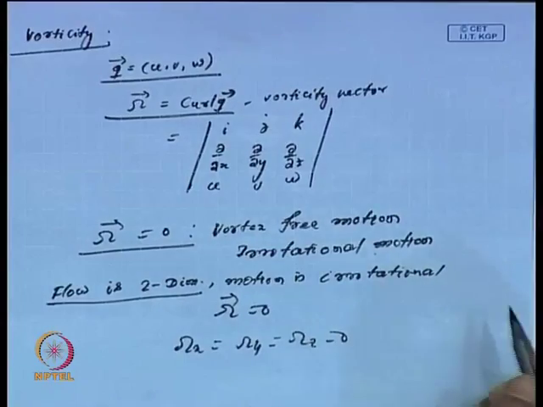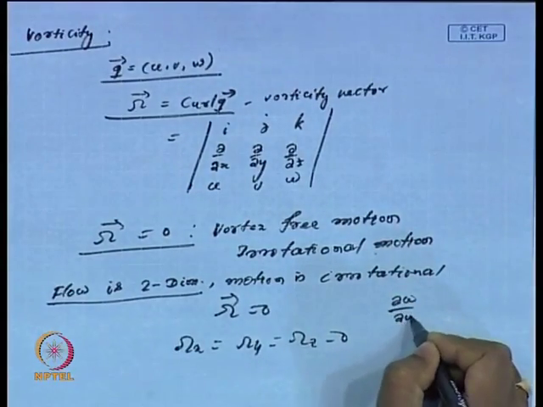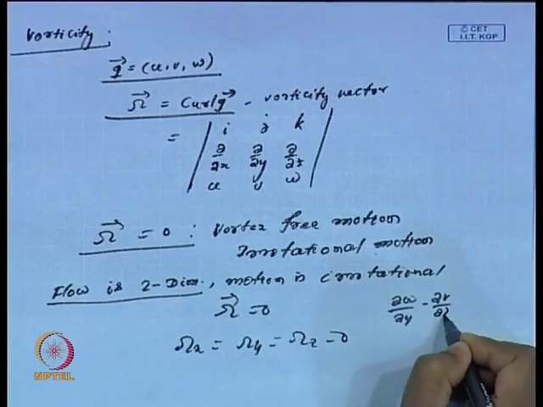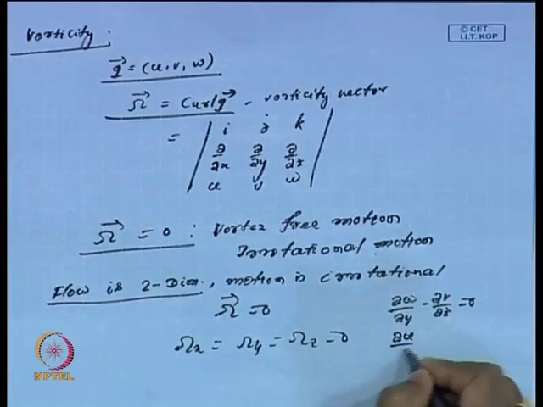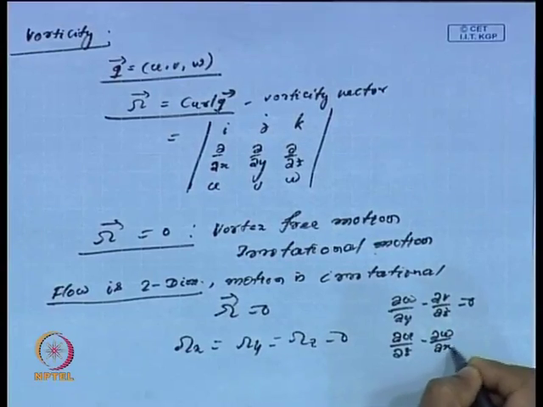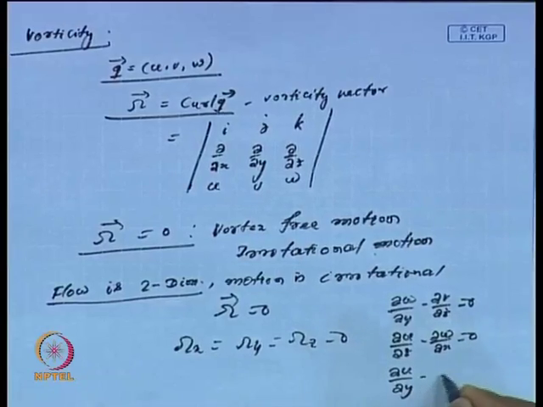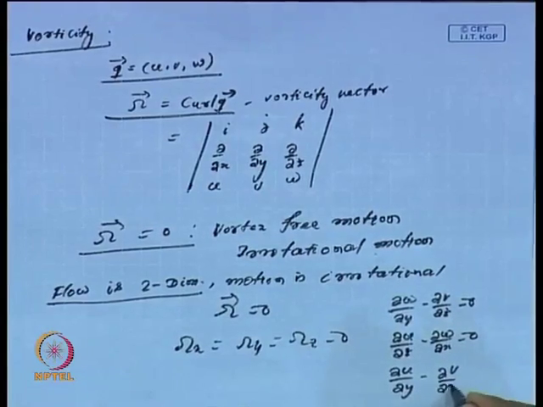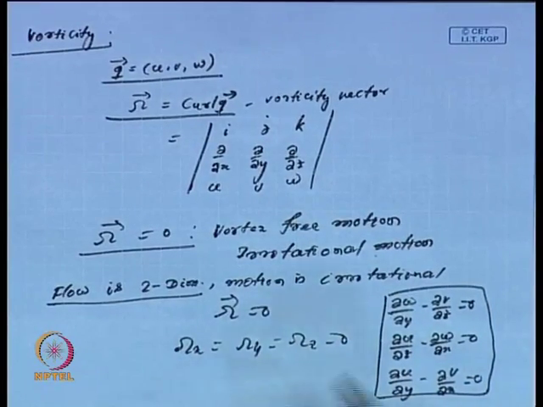That gives me del w by del y minus del v by del z is 0, then del u by del z minus del w by del x is 0, and del v by del x minus del u by del y is 0. So, this is what happens when we have a vortex free motion.